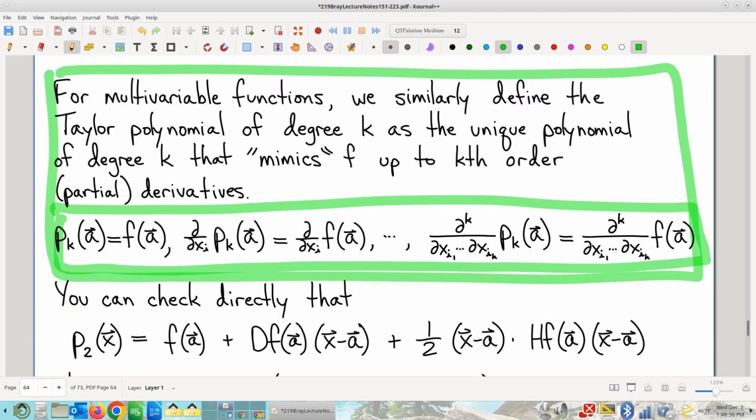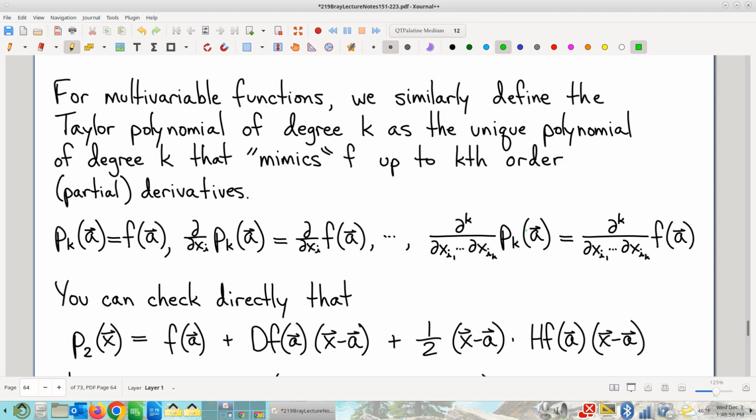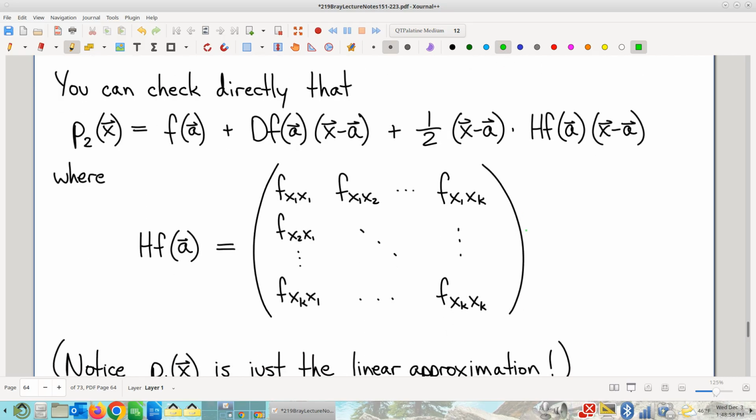And let's just say, let's look for a polynomial of degree k. We're looking for the best possible polynomial in terms of mimicking f at the point a. Same idea. Right? And it turns out there is exactly one polynomial that agrees with f in value and all those partials, and here it is.